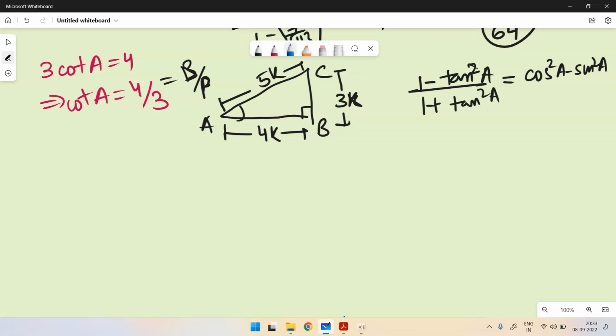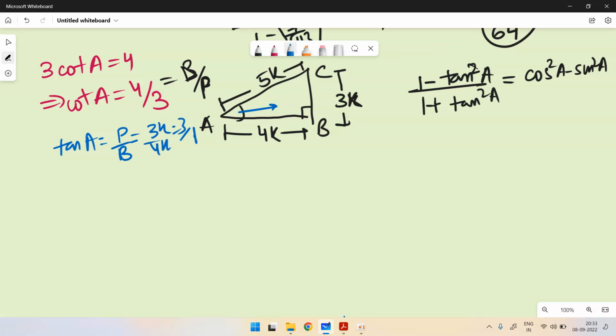Since cot A is given, tan A will be perpendicular by base, which is 3k by 4k, nothing but 3 by 4.